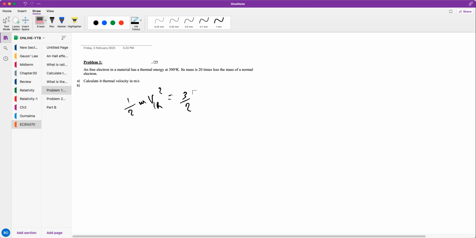Jakob, I recognize. So how do you solve this? Multiply by 2, so the 2 is gone, and then we move the m to the other side.